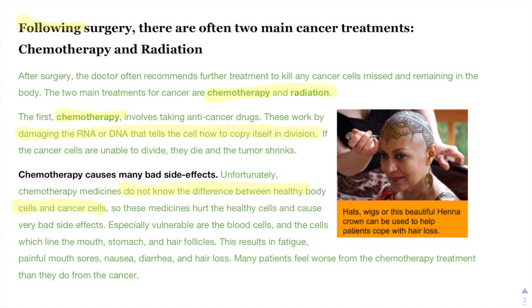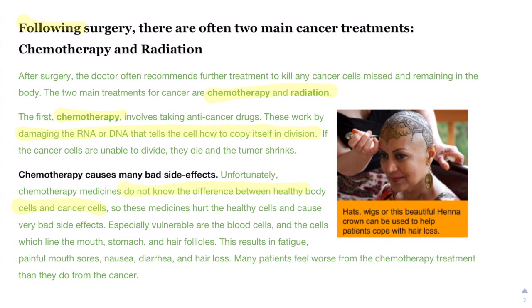This results in fatigue, painful mouth sores, nausea, diarrhea, and hair loss. Many patients feel worse from the chemotherapy treatment than they do from the cancer. And you see a picture of a woman on the side who has lost her hair because of chemotherapy. And below it says, hats, wigs, or this beautiful henna crown can be used to help patients cope with hair loss.